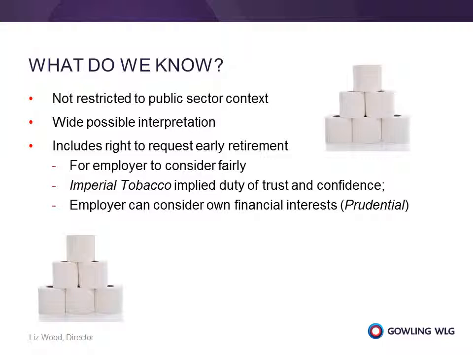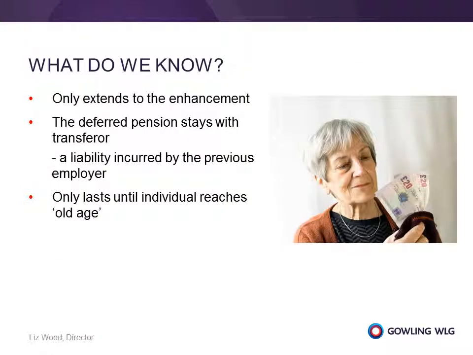What Procter & Gamble also said was that these rights only extend to the enhancement. So what this means is that the deferred pension that's payable from the transferor's occupational pension scheme remains the responsibility of the transferor. The transferor is essentially funding that benefit through that occupational pension scheme that has remained in place with the transferor.